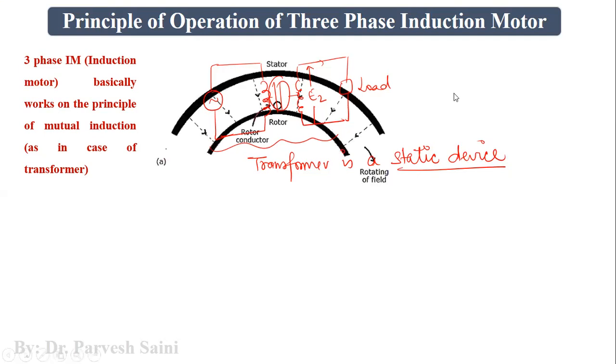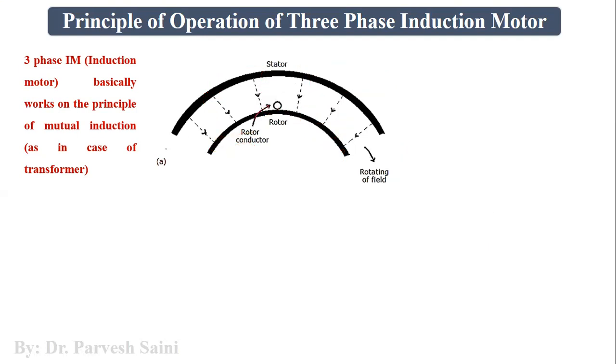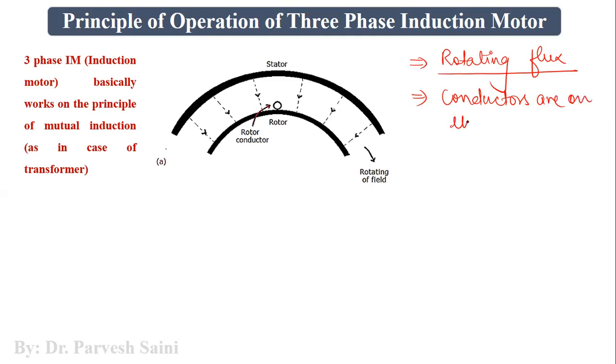Now, let us come to the concept of the three-phase induction motor rotation. The first thing is we have a rotating flux. The second thing is conductors are on the rotor.